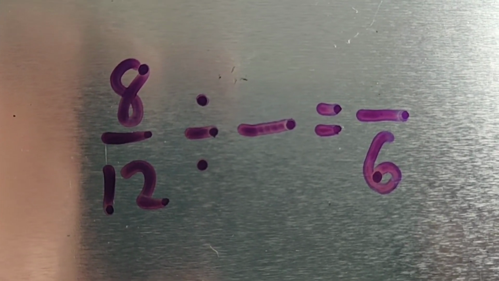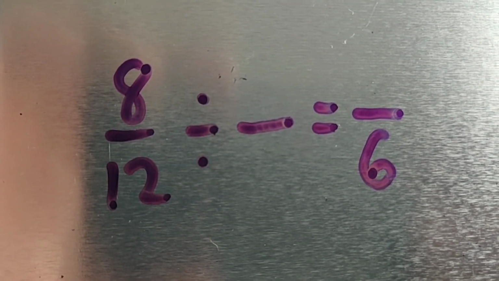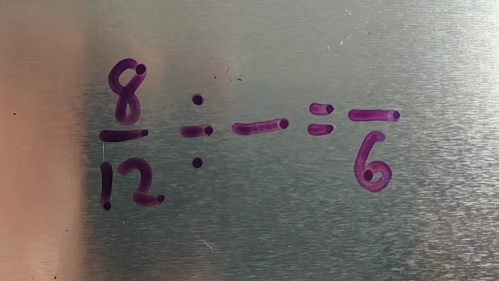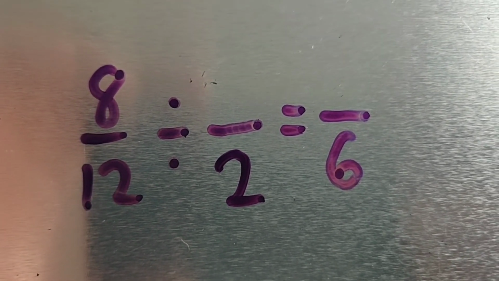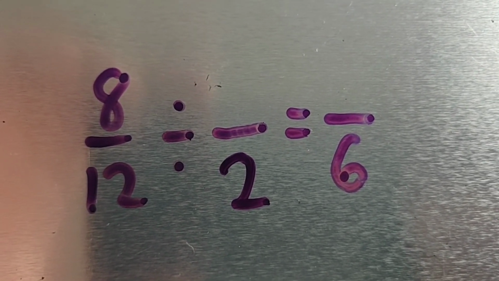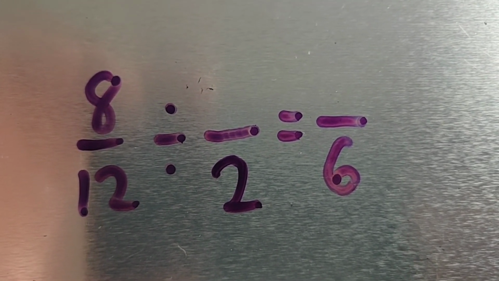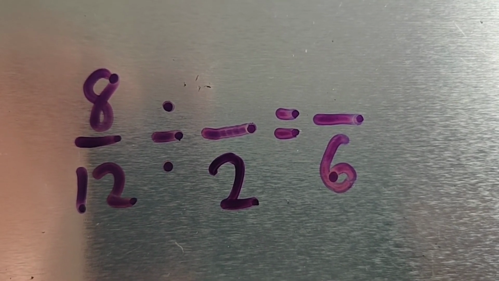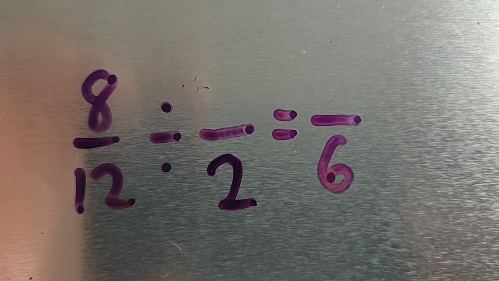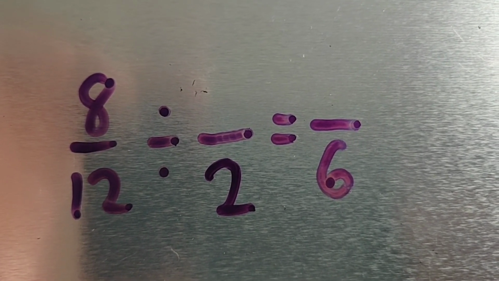So on the denominator, 12 divided by what equals 6? 12 divided by 2 equals 6. And again, when we're looking to find equivalent fractions, whether we're multiplying the fraction that we were originally given, or dividing it, we have to multiply or divide by the same numerator and denominator to get an equivalent fraction.